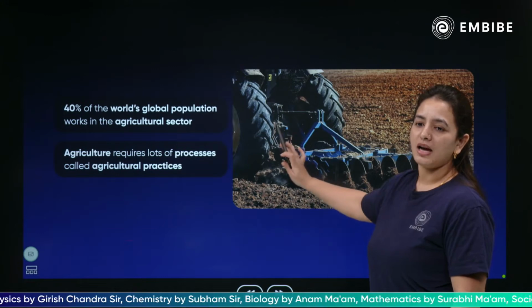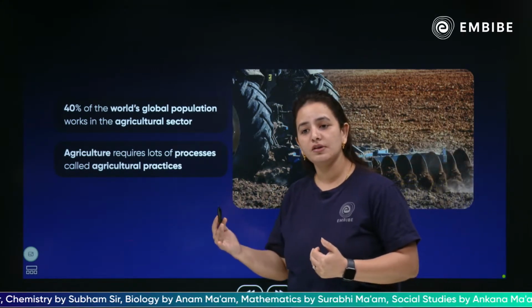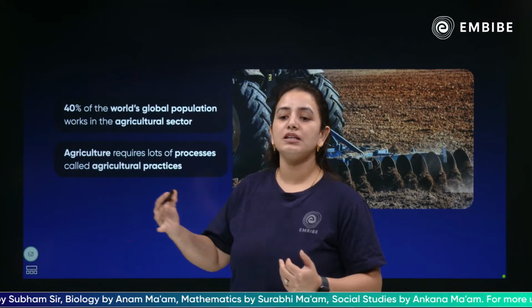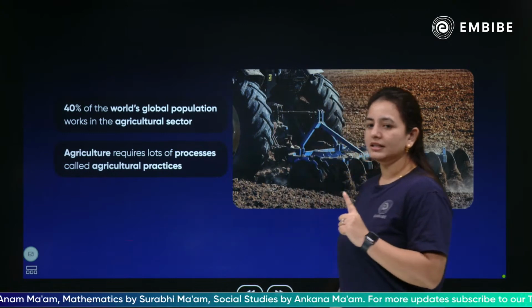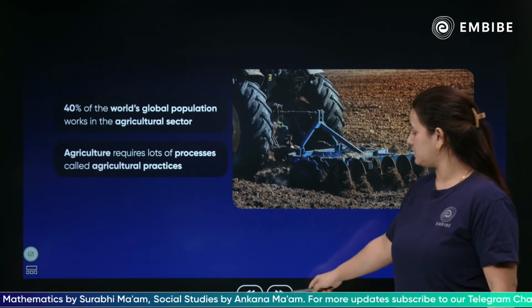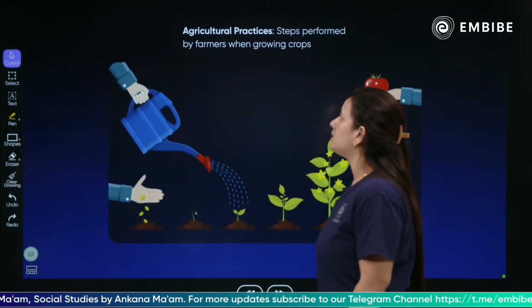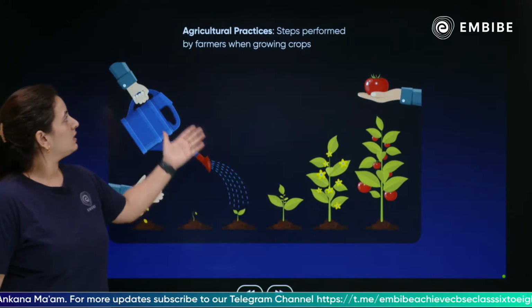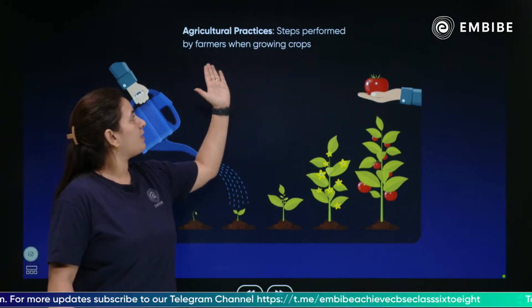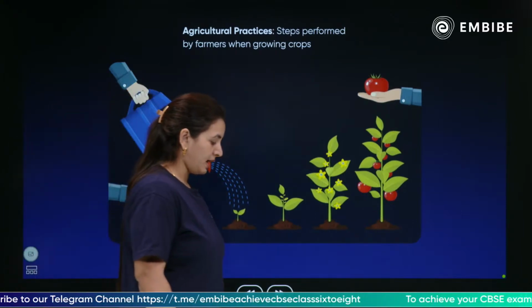So, coming back to our agriculture practices, let's see what the agricultural practices involved in the cultivation of crops are. The very first thing: agriculture practices are the steps performed by the farmer when growing a crop.